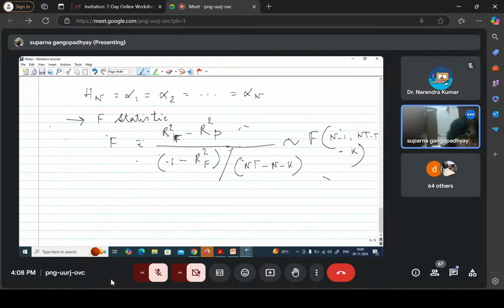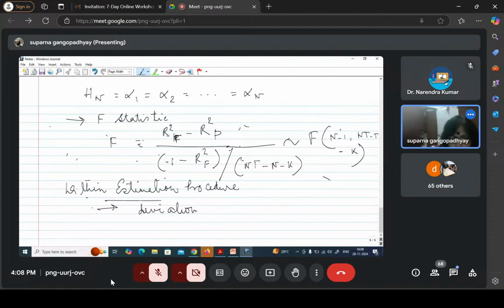Now within estimation, before we move on to the random effect. Within estimation, what does it do? This actually deals with deviations from group means, or time period means, I'm sorry, whatever.